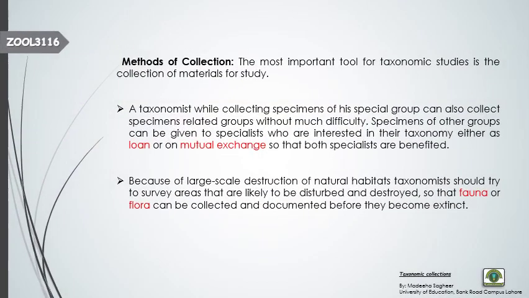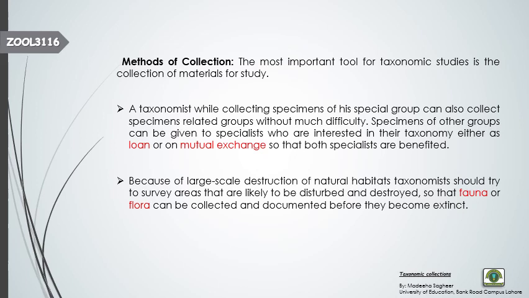Okay, students, as I told you, the very important step in taxonomic studies is the collection. So there are different methods that a taxonomist could adopt. First of all, when he is collecting the specimen from a particular area, what should he do? He should collect the specimens of the related group as well. Because related group specimens are also available when you are looking for your own specimen.